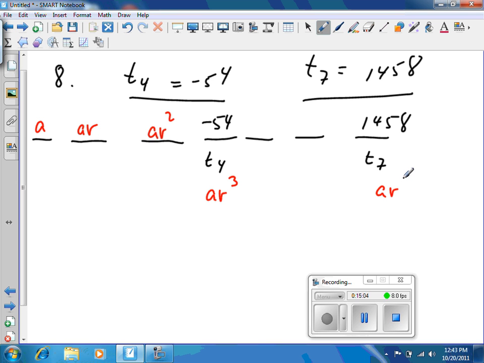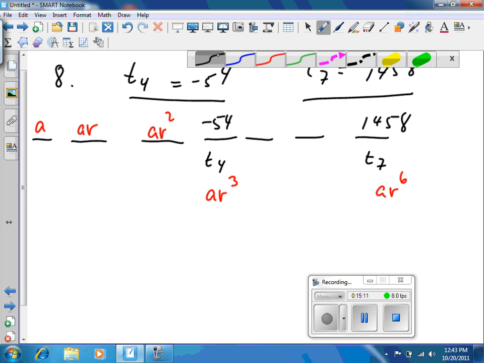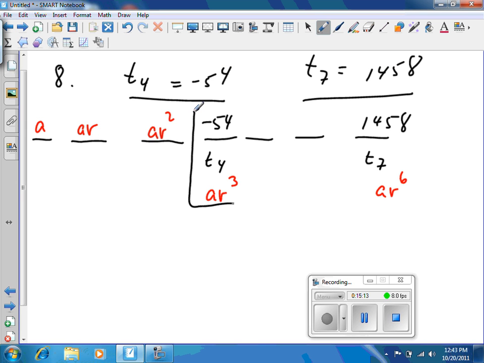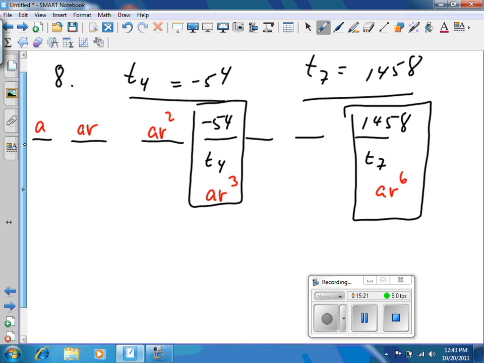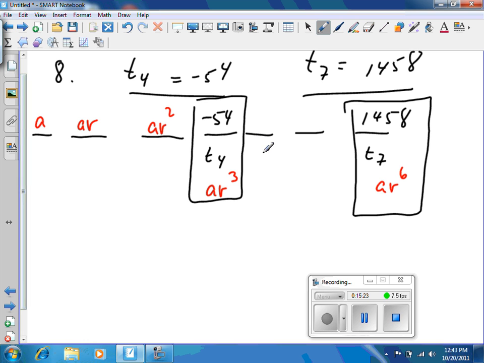A times R to the 6th. So what am I doing at this point? I'm writing down what I know about this problem. I think I have everything I know written down. That's a strategy, all right? For a difficult problem, put down what you know.